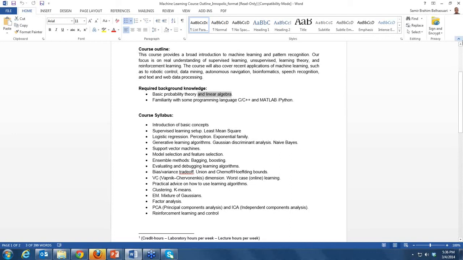Okay, thank you. The next question is from Dmitry Kostersky. How does unsupervised learning work? Extremely good question. In unsupervised learning we don't have any idea about the data, it's a black box, so we need to do clustering.